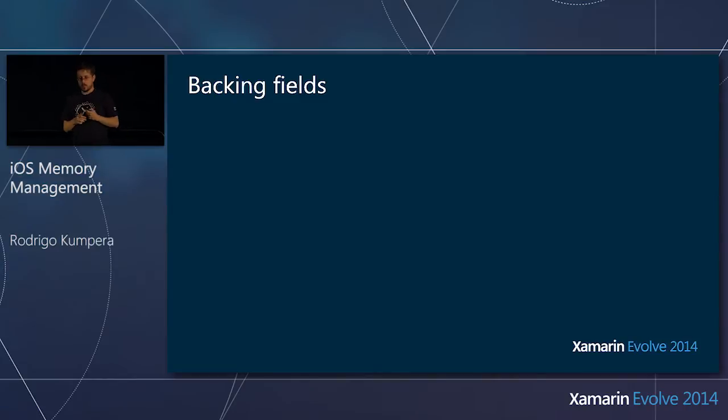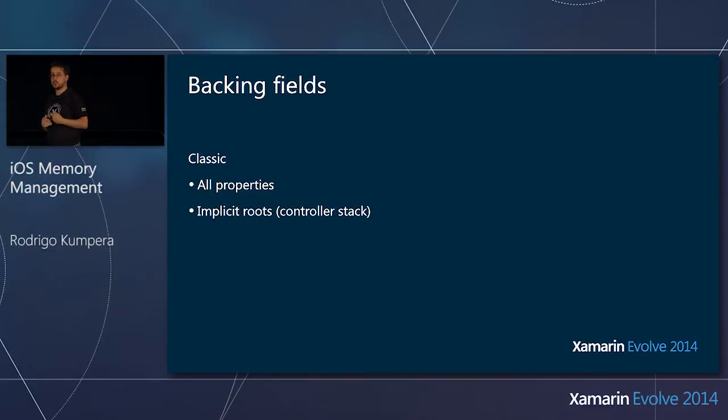And on the other hand, with backing fields, classic mode will have backing fields for all properties, no exception. All properties that we expose through our framework will have a backing field in classic, no matter what it is. Well, probably even if you have like an int field, but if a property holds an object, it will have a backing field. In addition to that, classic needs something that we call implicit roots. Those are the hidden static variables that you can see through the API when you're using static functions from the framework.